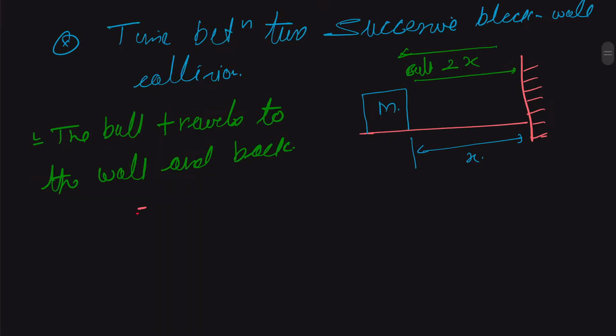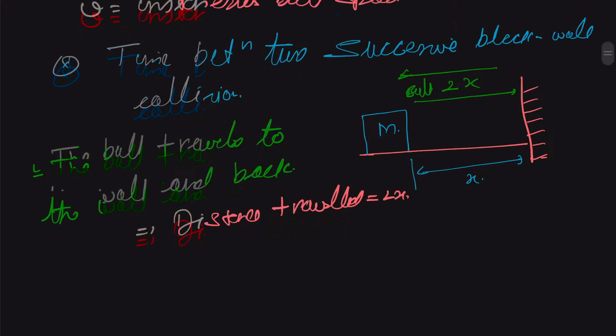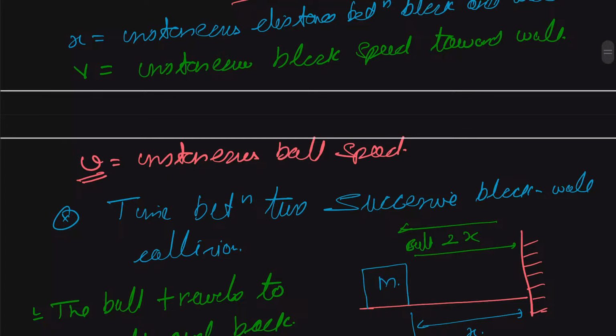So the distance traveled will be equal to 2x, and the ball speed we know is small v.